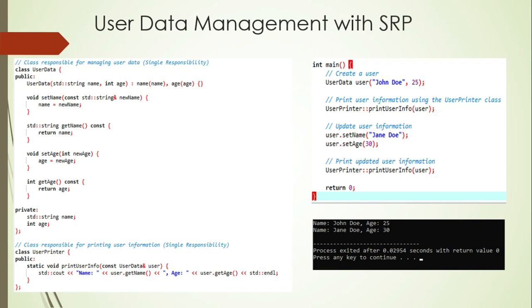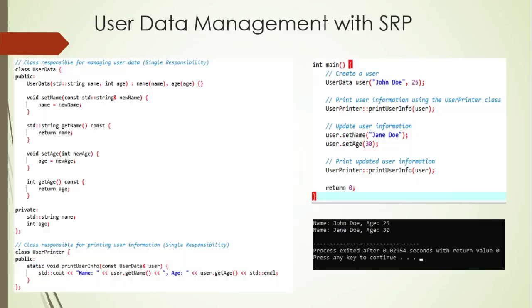So this is strongly following the SRP. Now this code looks more structured, easier, more maintainable, and more reusable. For developers and the maintenance team, it will also be easier to bring changes, and testing of this code is also easier.